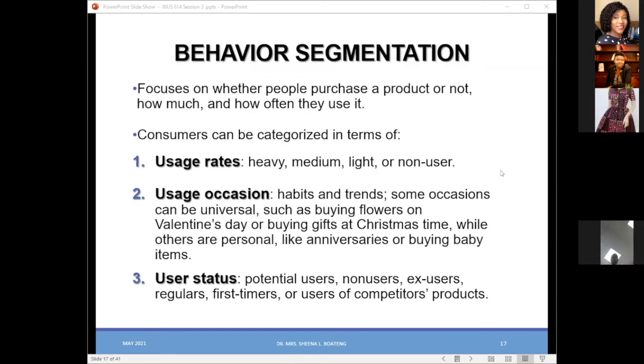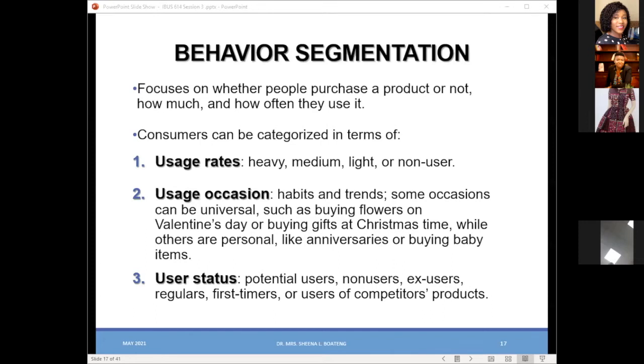Consumers can be categorized into three main groups. The first category is based on usage rate. For every product or service, some consumers are heavy users, others are medium users, others are light users, and others are non-users.